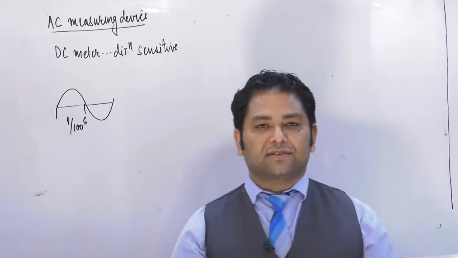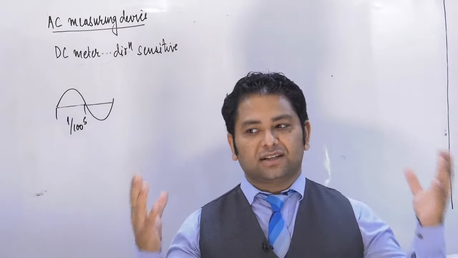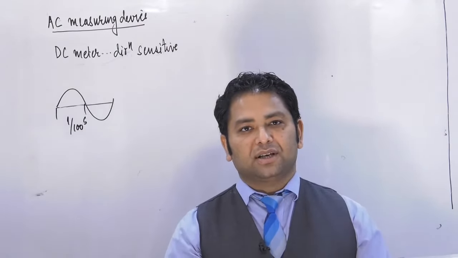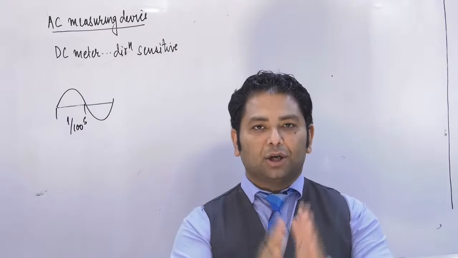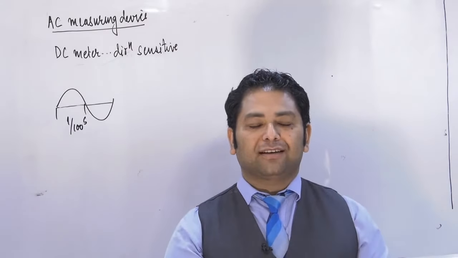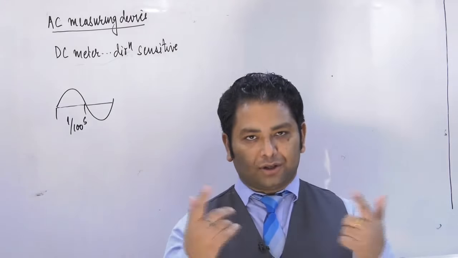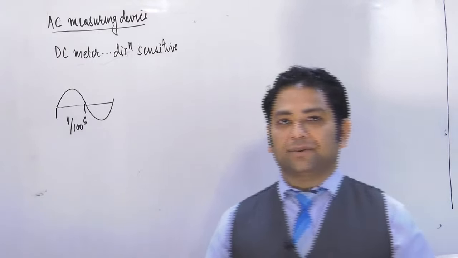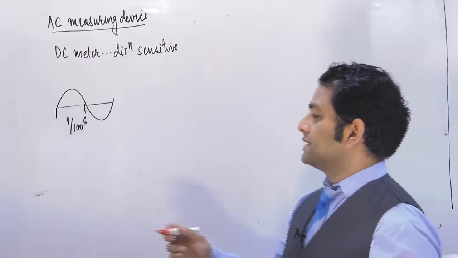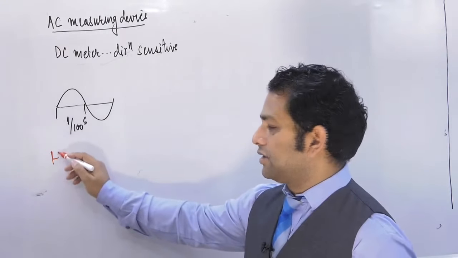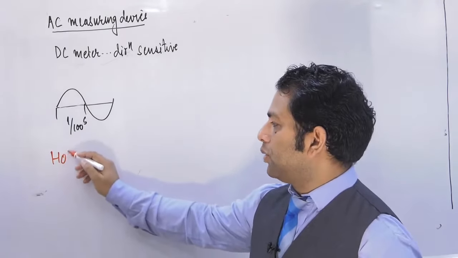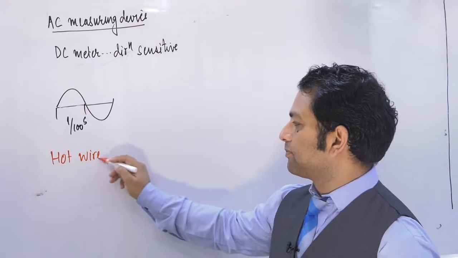Whatever the direction of current, if the current flows, heat is sure to be produced. That is the reason we employ the heating effect of current in order to measure alternating values. Therefore this AC measuring device is also called the hot wire instrument.